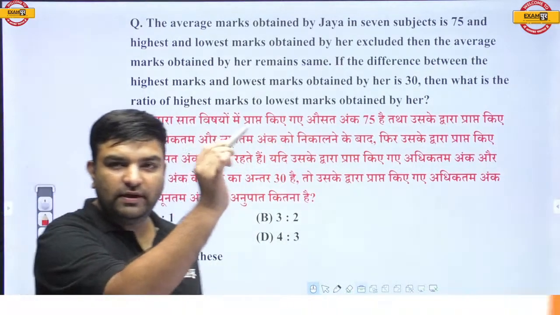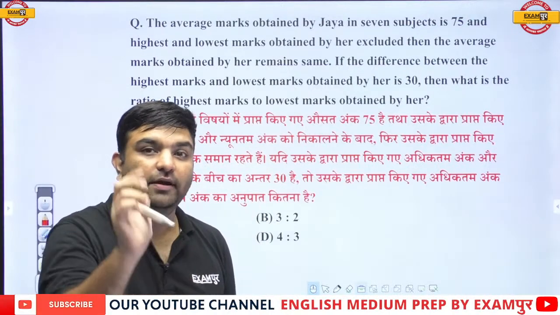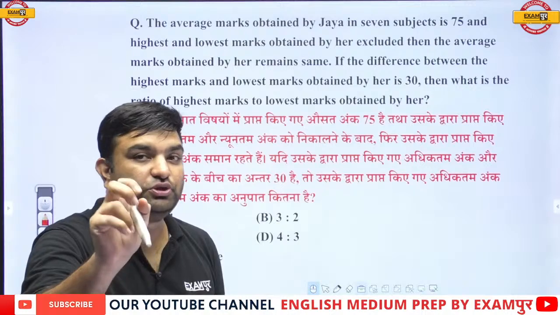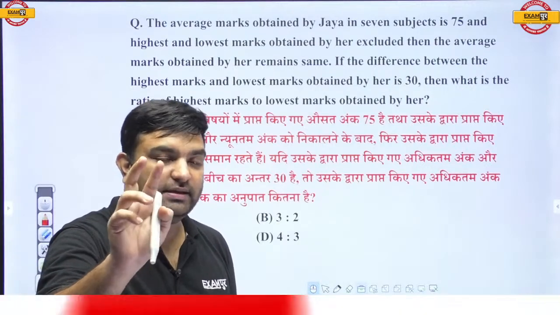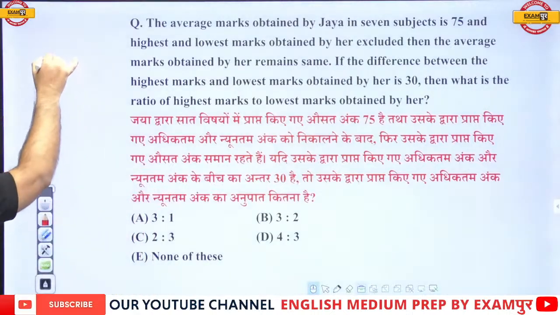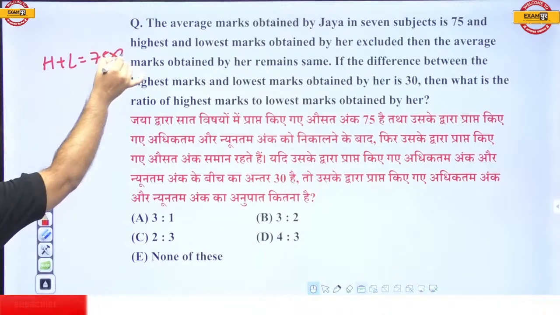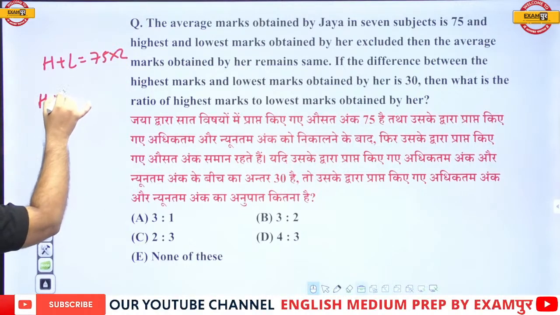Like if your initial average was 75, after excluding the numbers, still the average is 75. So the average of highest and lowest was also 75. 75 average, two numbers, so the sum was 150.